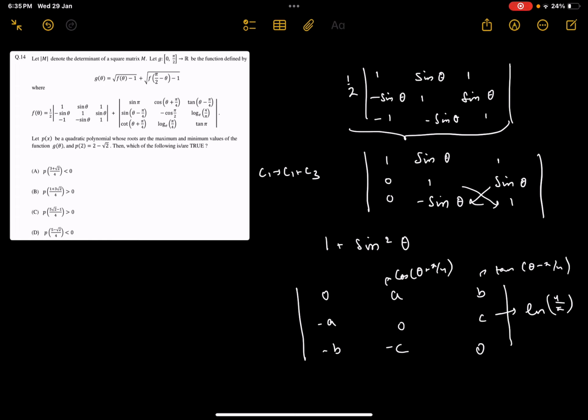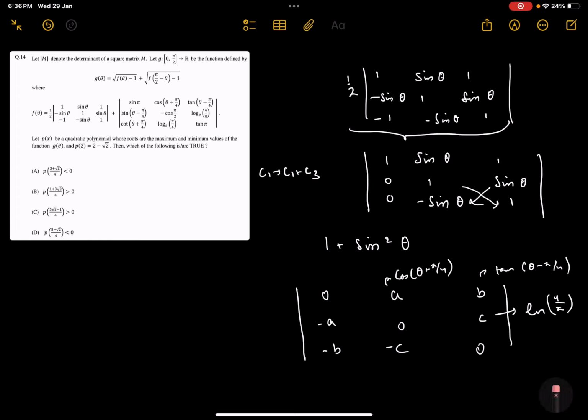Because tan theta minus pi by 4 is the same as cot of pi by 2 minus pi by 4 minus theta, so that becomes cot pi by 4 plus theta, which is cot pi minus, which becomes minus cot theta plus pi by 4.